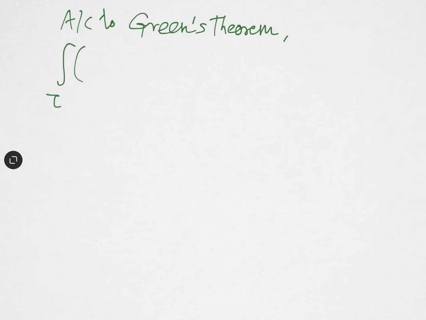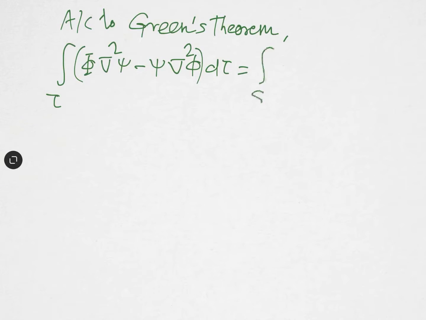the volume integral over the volume tau of phi del square psi minus psi del square phi d tau is equal to the integral over the closed surface S of phi del psi, that is gradient of psi, minus psi del phi, dot ds.